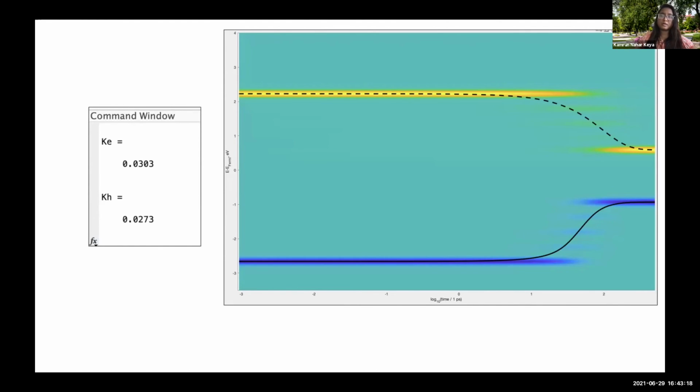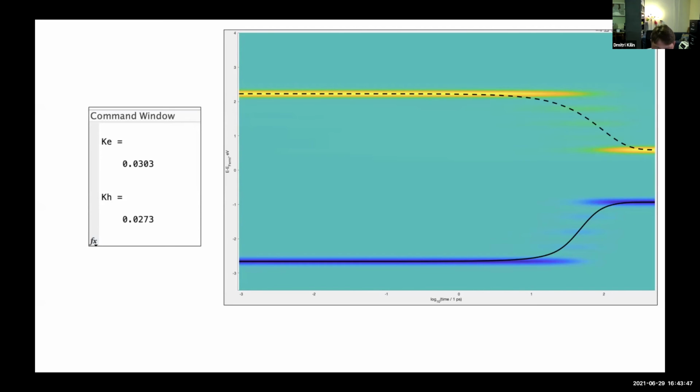So let me answer Amir. You see on the left side there is a screenshot of the command window with 2 numbers. These 2 numbers show the slope of the solid and dashed lines, and these numbers will be different for each initial excitation.